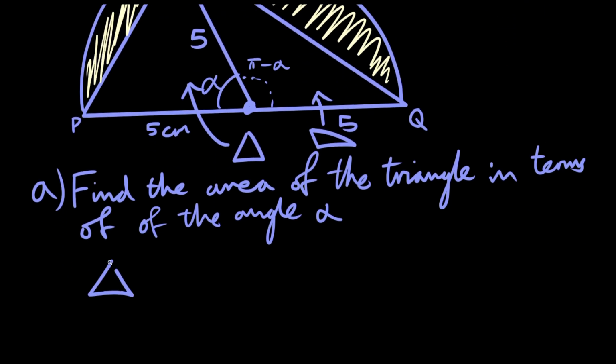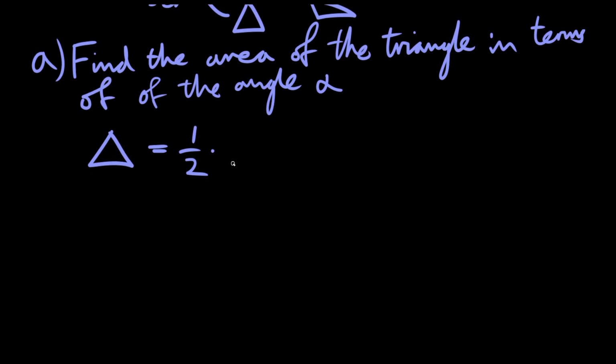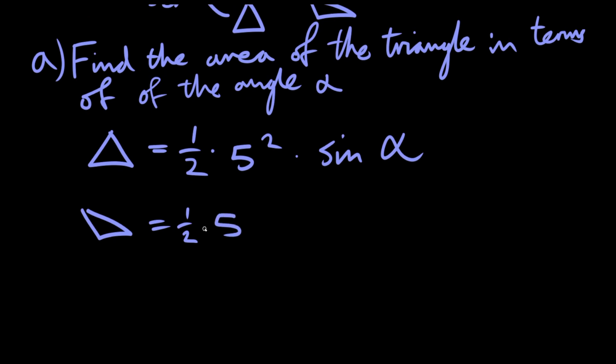So the area of this triangle is going to be 1/2 times AB, 5 times 5, 5 squared, times sine of alpha, right? And this triangle here is going to be 1/2, same thing, times sine of pi minus alpha.